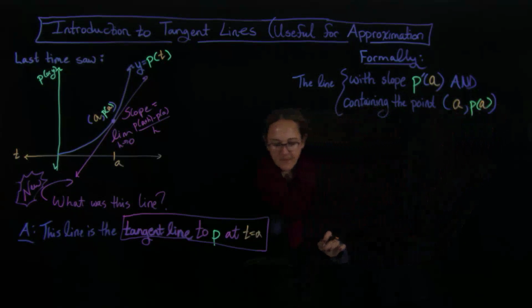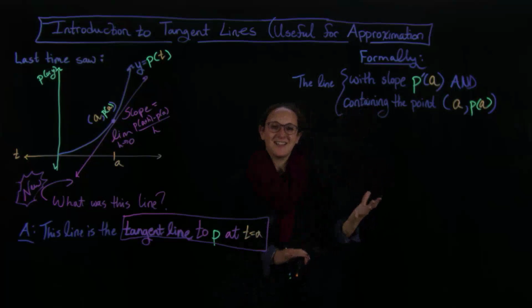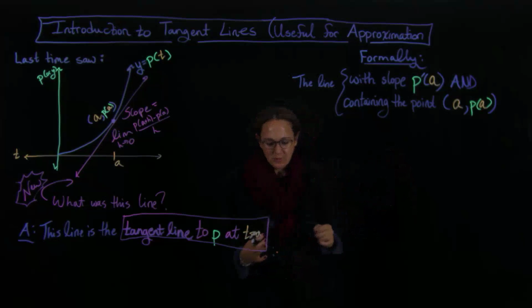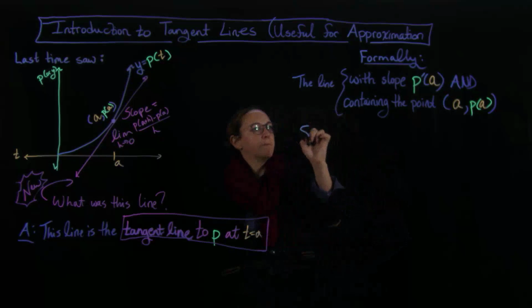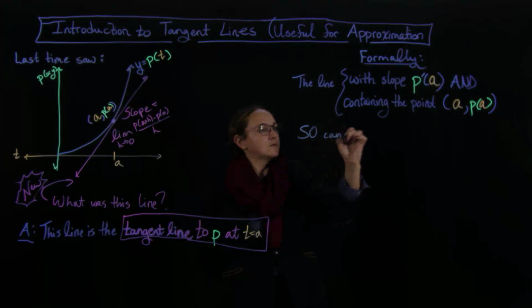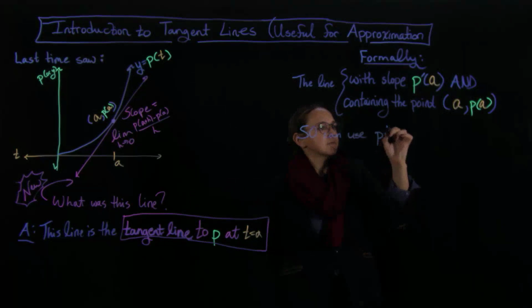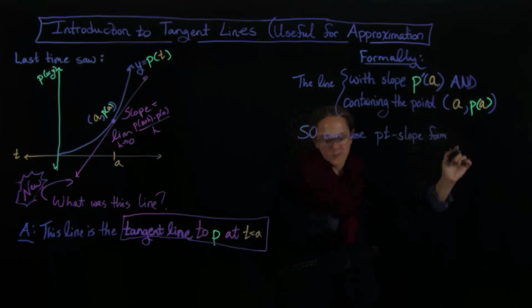This is what we know about the line: I know the slope, I know the point, so I can use the point slope form to find the equation.